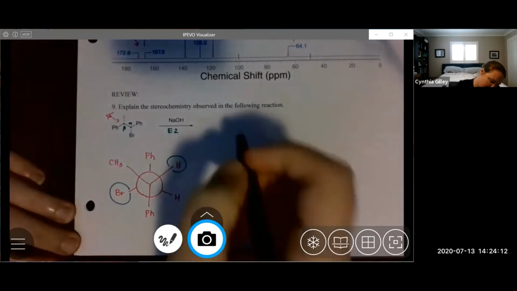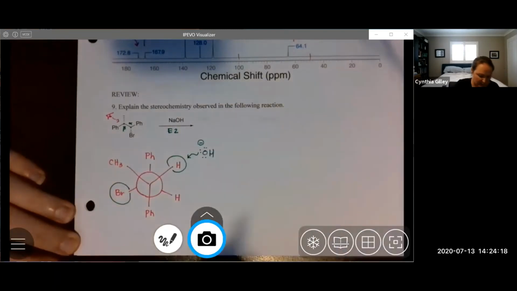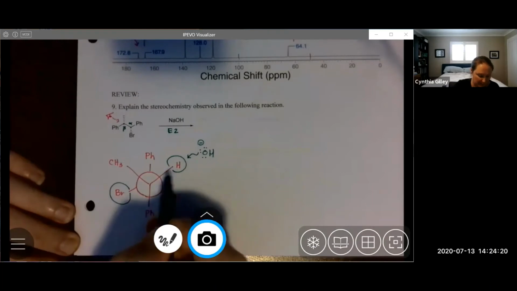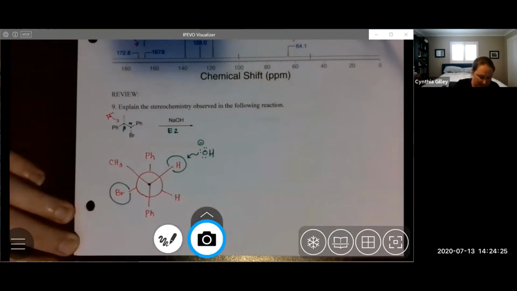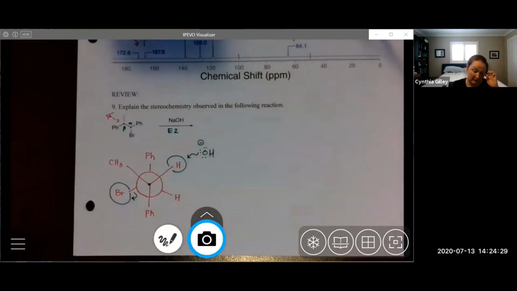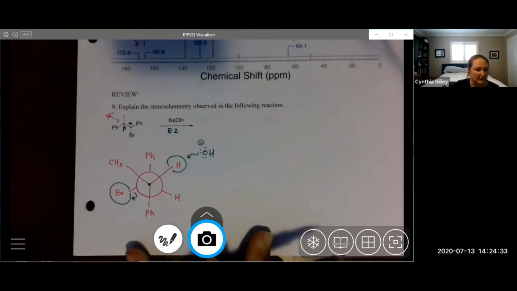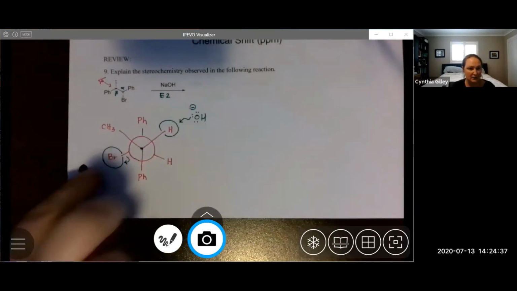So imagine in the E2 reaction, the hydroxide is coming in to take this proton. We'll be forming a pi bond between the front carbon and the back carbon, and the bromine will be leaving. They're already anti-periplanar, which is perfect, so we don't need to do any rotation in order to get these two groups anti.